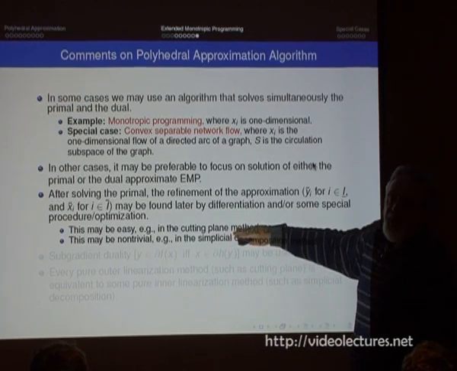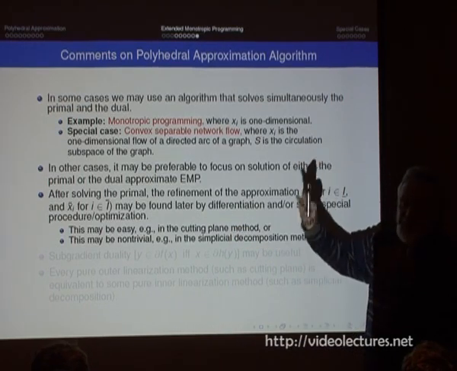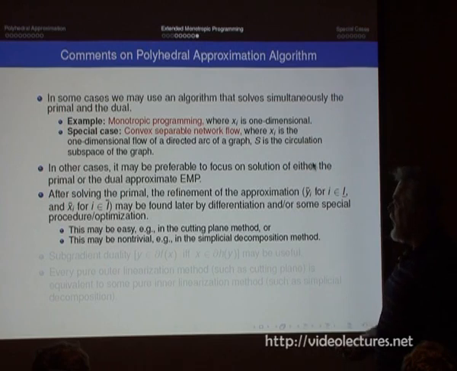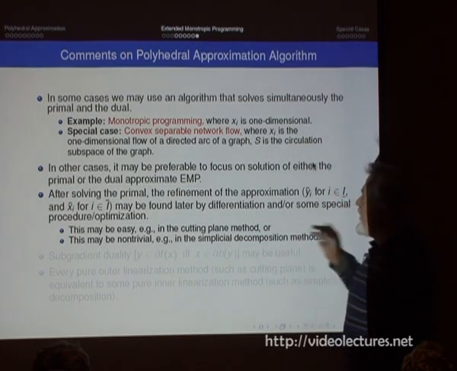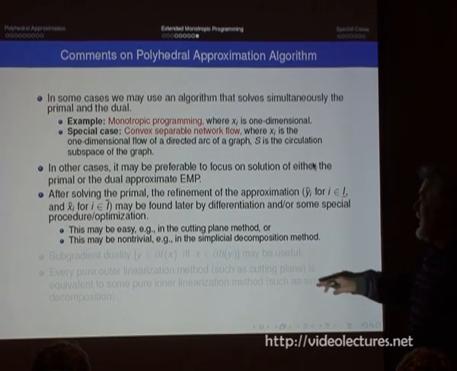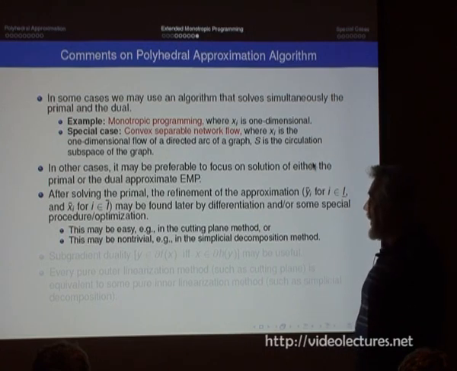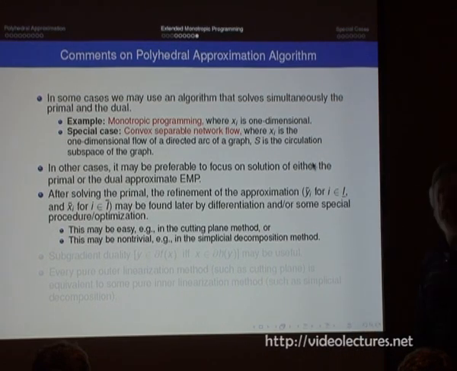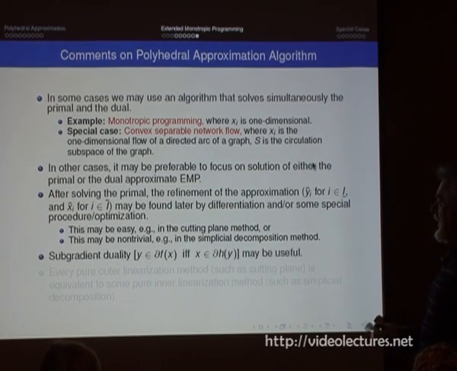It is easy in the cutting plane method. You just find a subgradient at the current minimum point. But it may be non-trivial, which happens in the simplicial decomposition method, where you have to solve a substantial problem to find the enlargement. You have to find a new extreme point. And finding a new extreme point means solving a linear program. It's not as simple as differentiation.